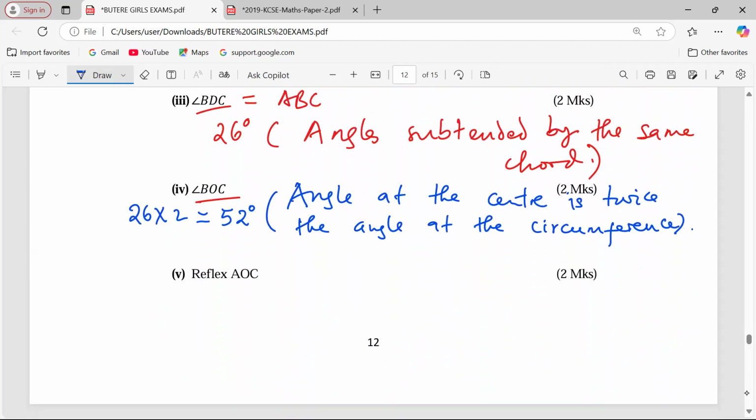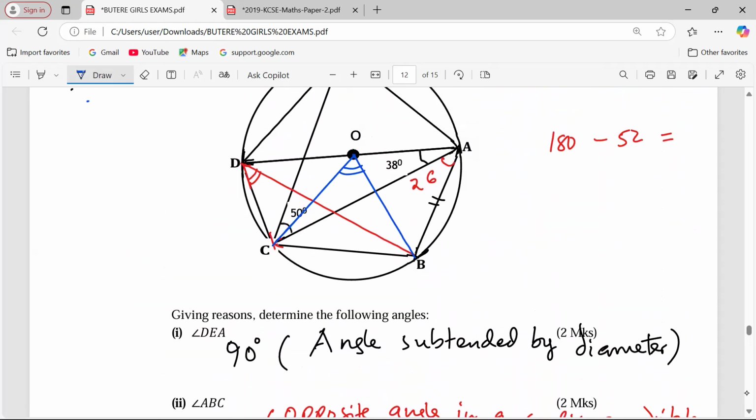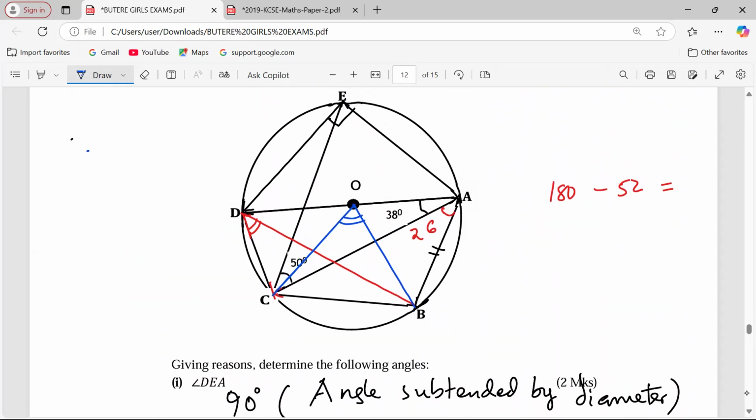Then we are talking about the reflex angle AOC. So we are supposed to first identify where AOC is in the diagram. Is it AOC? Yeah. AOC reflex angle.